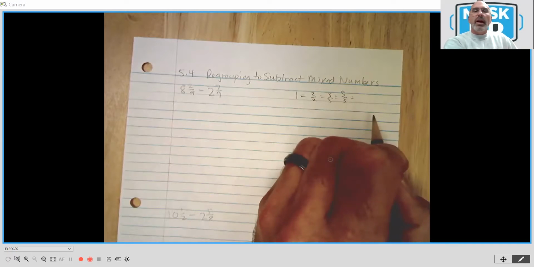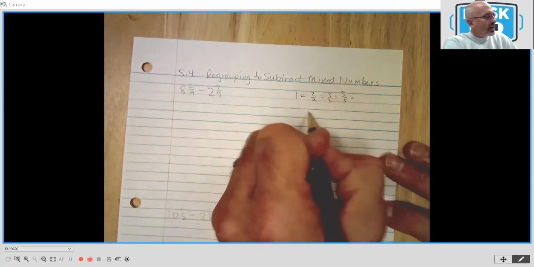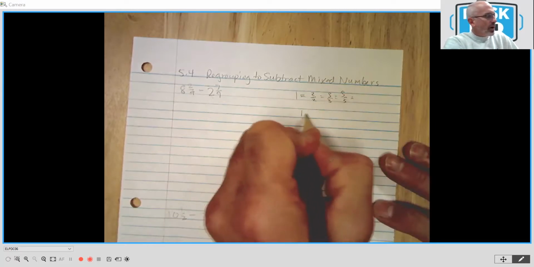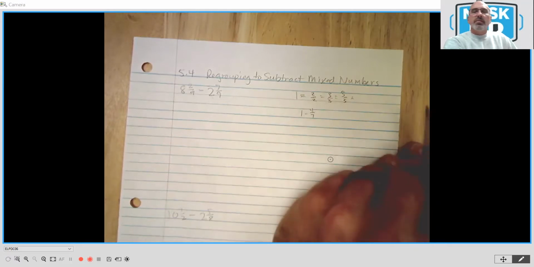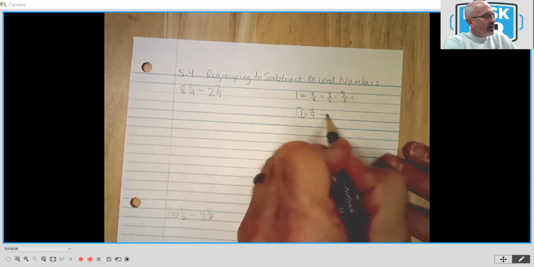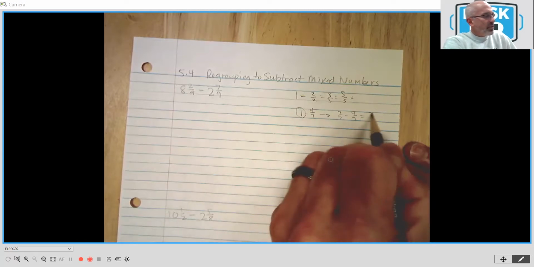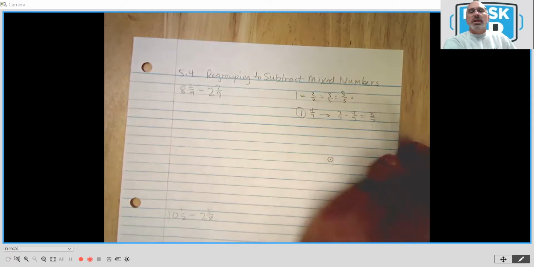Any number over any number we can write as a 1. So if we had the equation 1 minus 4/7, the way we did that is we converted that to 7/7 minus 4/7. And then we got a nice fraction, 3/7.